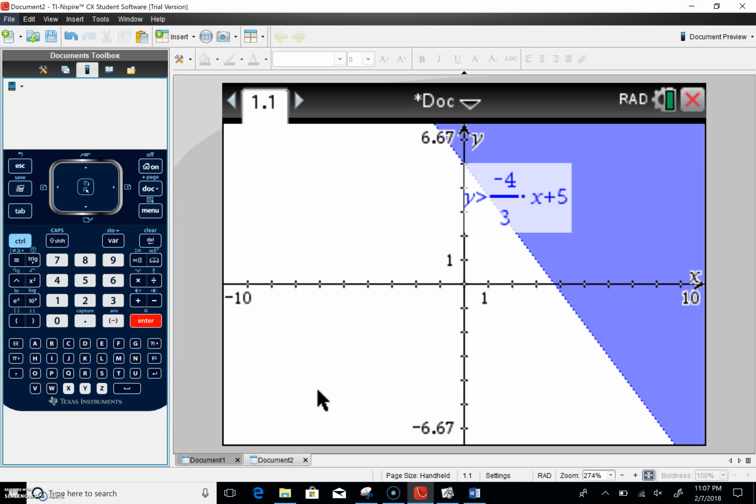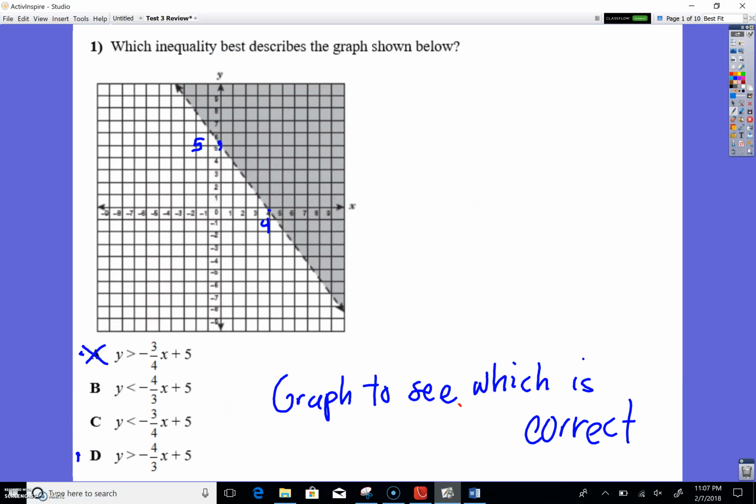If you look, 1, 2, 3, 4, 5. 1, 2, 3, 4. So if you look at that, that looks more like that one. So our answer is actually D.